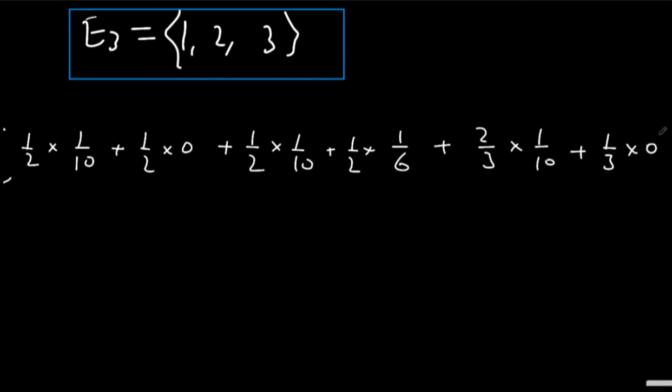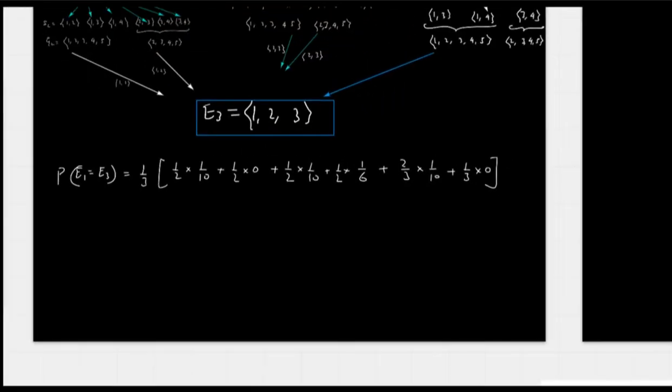So if you solve, then what we will get here? 1 by 3, and solving this all, you will find that is 1 by 4.